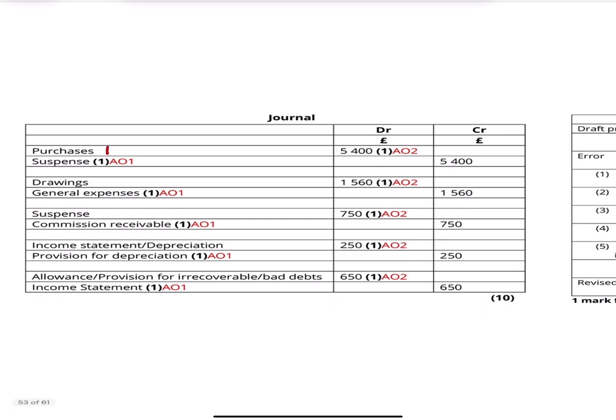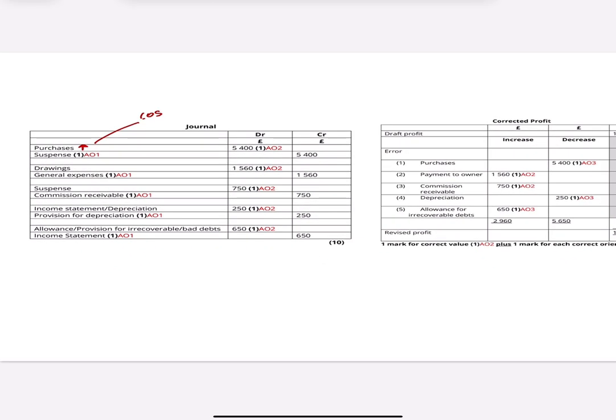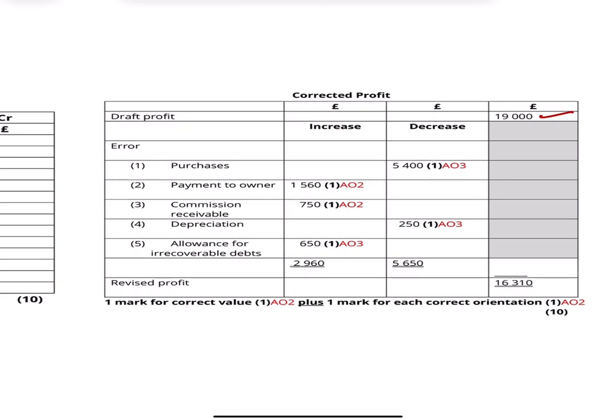So purchases increasing. Purchases increase means what will be the impact on cost of sales? Take a minute to think. So cost of sales would increase. If cost of sales increases, what will be the impact on profit? It will decrease. So purchases, you decrease it by 5,400.